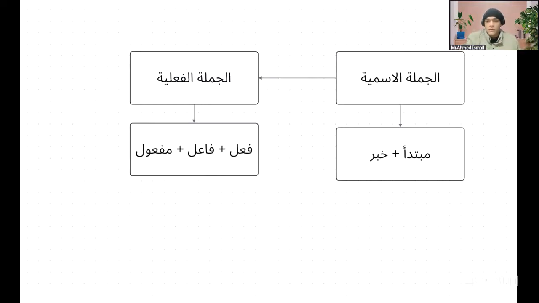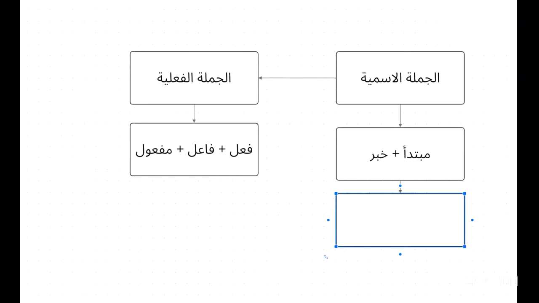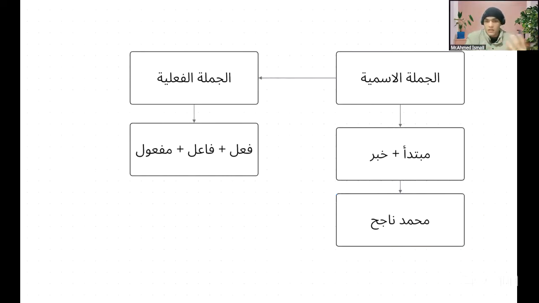And here, when I say مبتدأ and خبر, we can understand it if we make a sentence, and this would be so clear. If I say, for example, محمد ناجح.